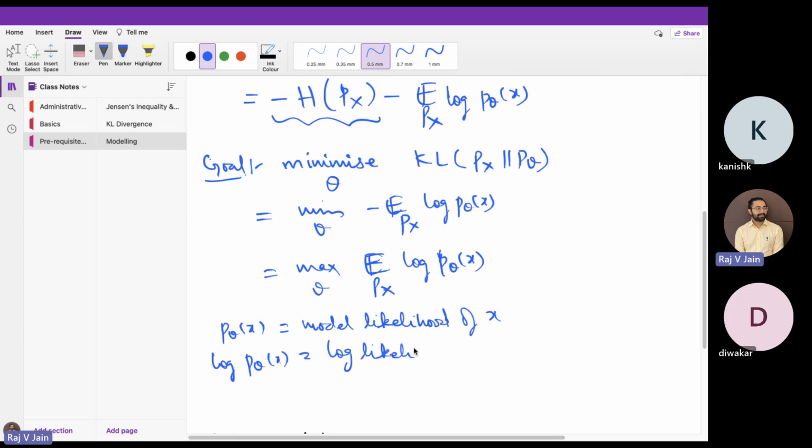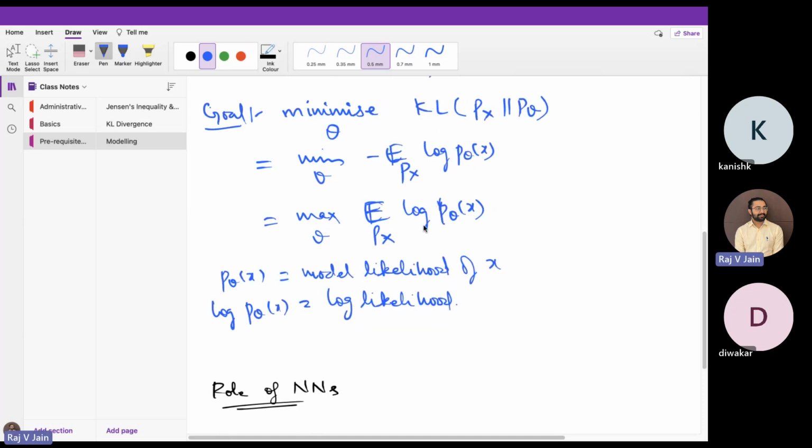So what we are saying is that if you try to maximize the expected log likelihood of the model, that is equivalent to saying that I'm minimizing the KL divergence between the actual distribution Px and the model that we have, P theta.